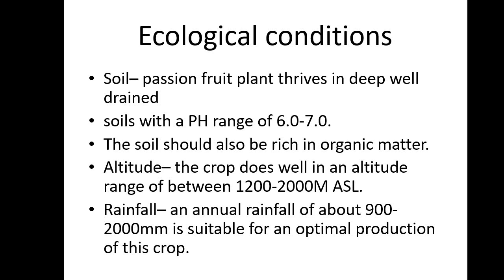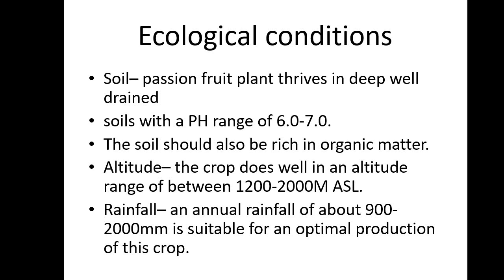Okay, so we have the soils. They should be deep, well-drained soils. Then the range is 6 to 7 pH. Then the soil should be rich in the organic matter. So we know we consume the fruits for the purposes of the minerals and the amino acids and the vitamins.